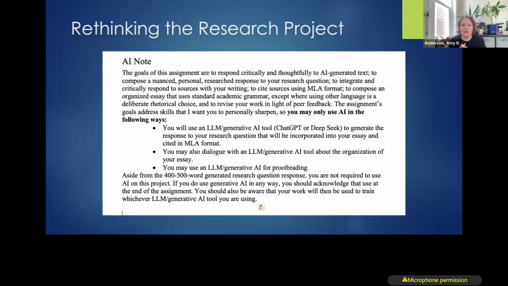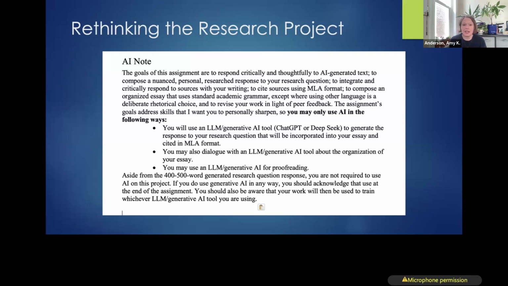Then I say the assignment's goals address skills I want you to personally sharpen. So these are the ways you can use AI. They can use it to generate the response to the research question. They can dialogue with it about the organization of the essay, and they can use it for proofreading. But I also have a note at the bottom that lets them know that they're not required to use AI.